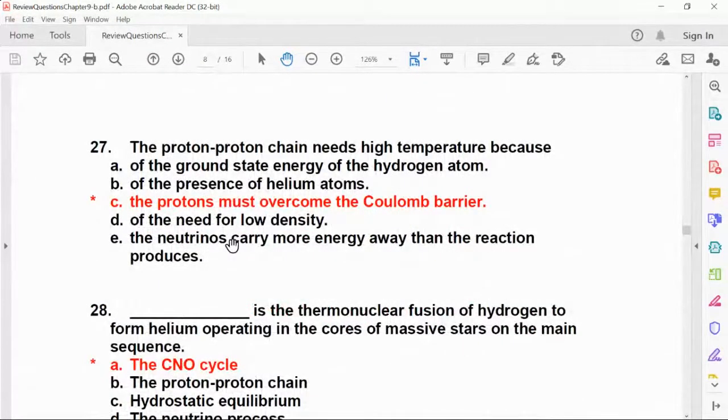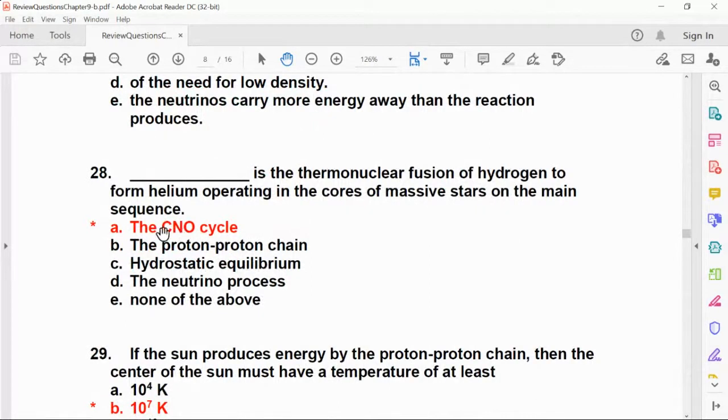Question 27, proton chain needs high temperature because the proton must overcome the Coulomb barrier, which is the electrostatic repulsion between the positive protons. And we talked about that in chapter 8 as well, and we needed a temperature more than 10 million degrees in that case.